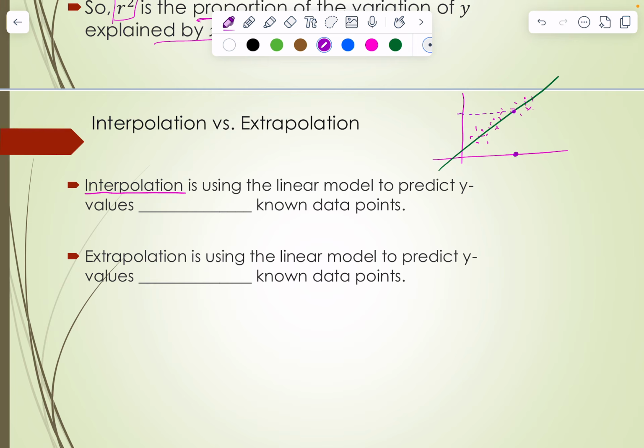So the range of data is like here, I've got x values for that. That's called interpolation. Interpolation is using the linear model. So this right here is a model for y in terms of x.